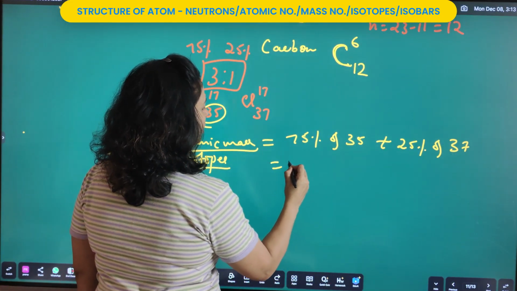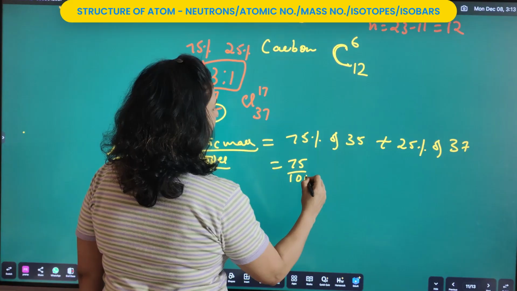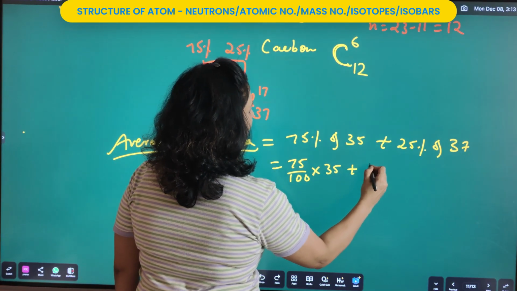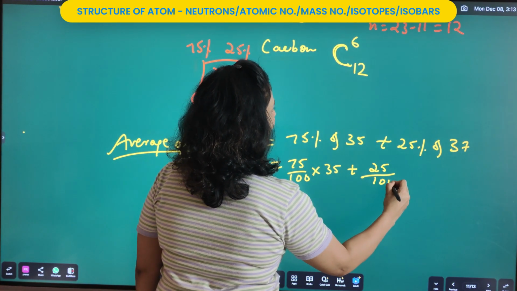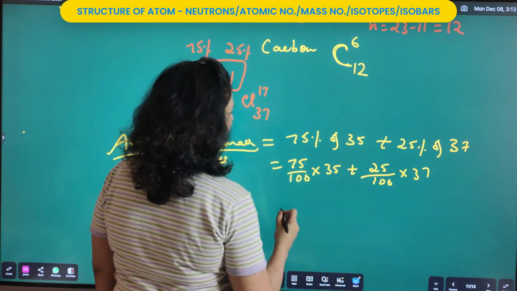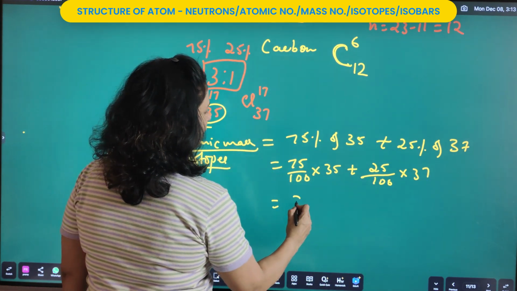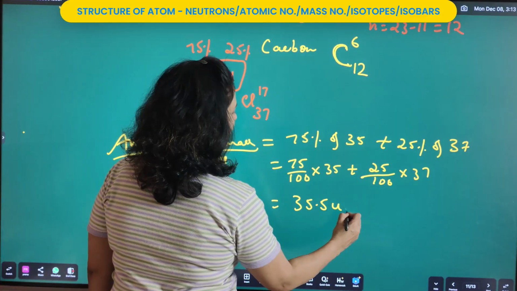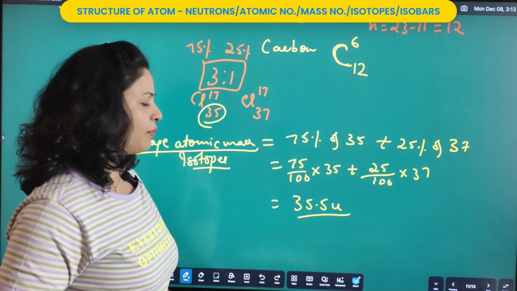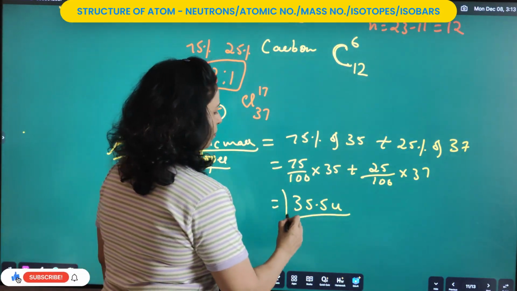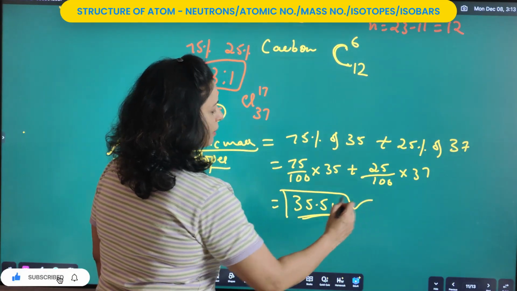So we have to calculate 75 by 100 into 35 plus 25 by 100 into 37. If you calculate, you will get 35.5 units. So the average atomic mass of chlorine will be 35.5 units.